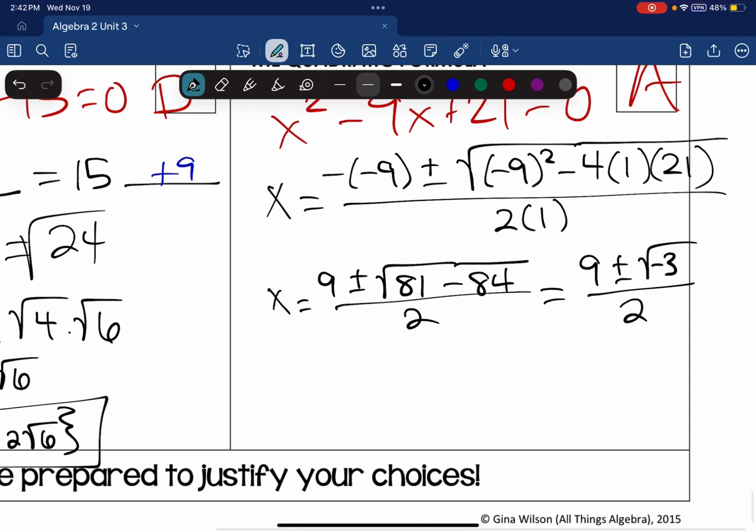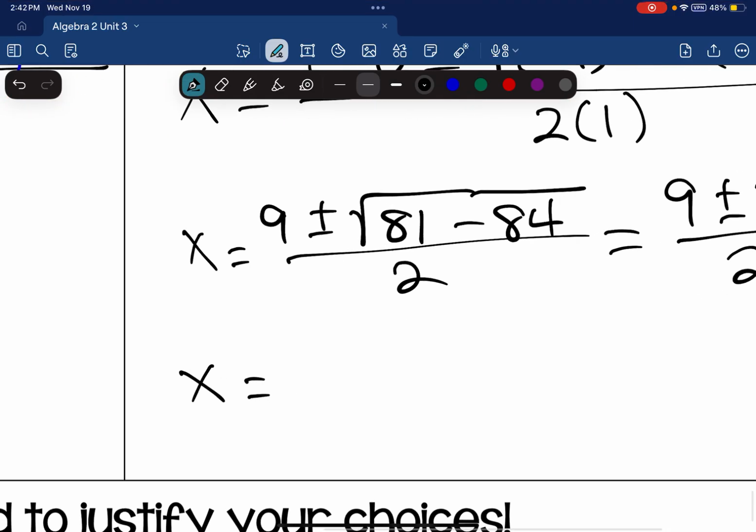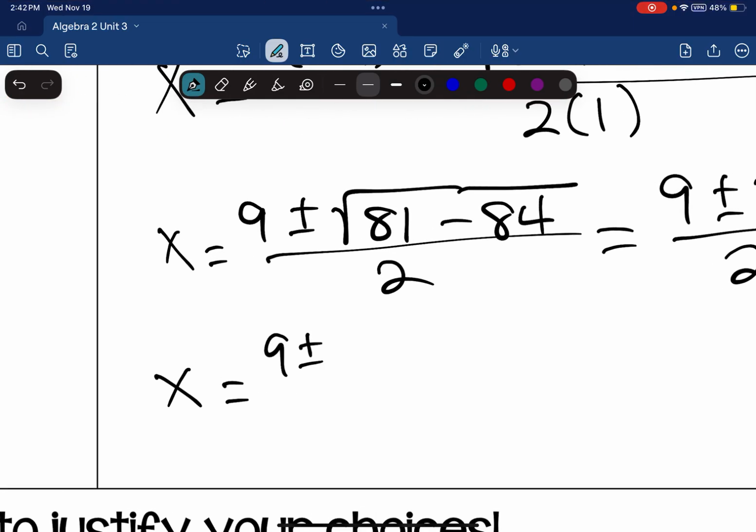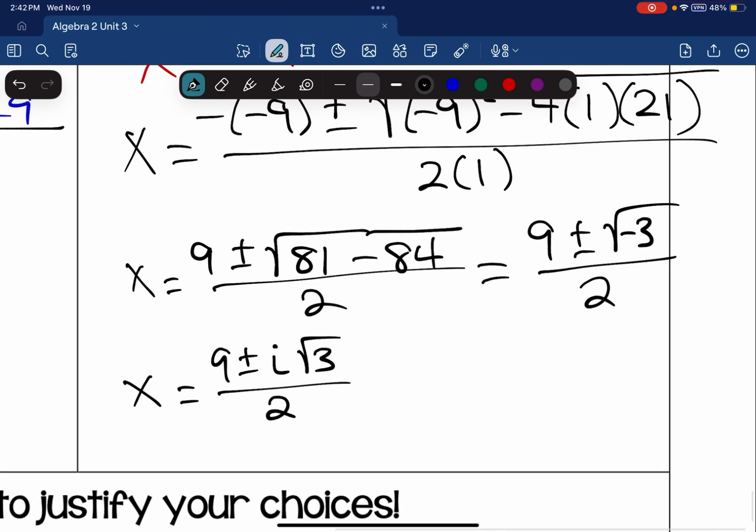We now have to simplify that radical. 9 plus or minus I radical 3 all over 2. I don't have a negative in the denominator, nor do I have a number in front of the I that I can try to simplify this fraction with, so this is my final answer.